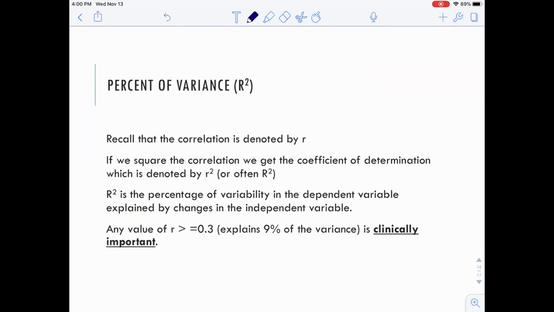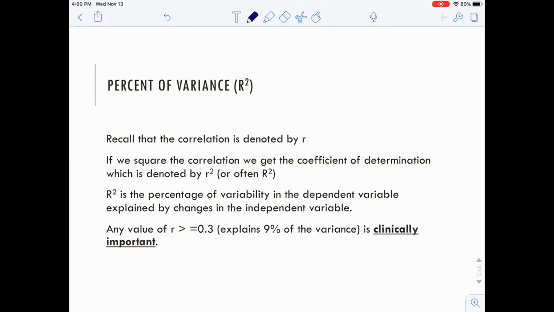R² is the percentage of variance. If you've made a scatter plot and you fit a straight line to it, usually in any report you do, or more likely read, they're going to report an R².